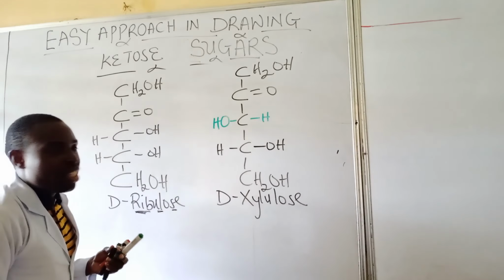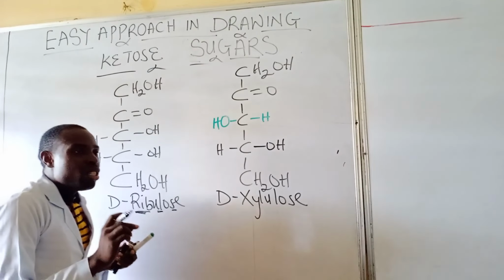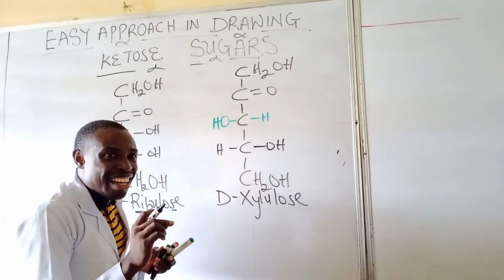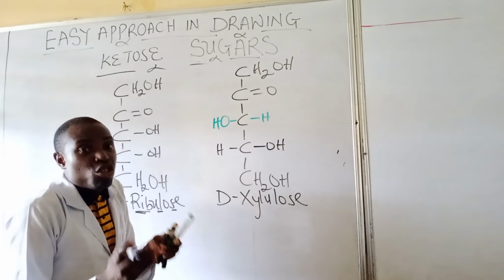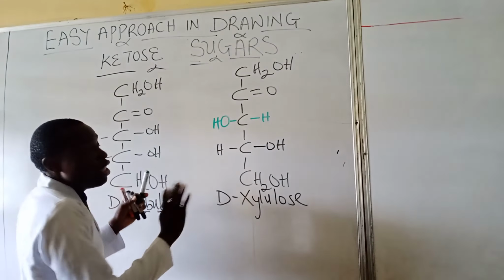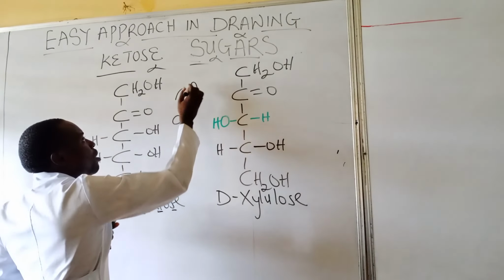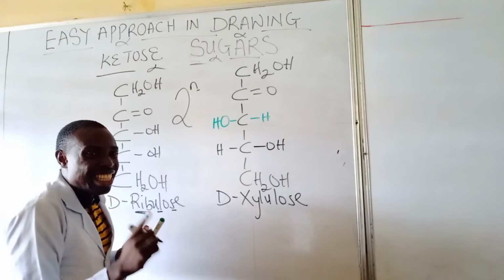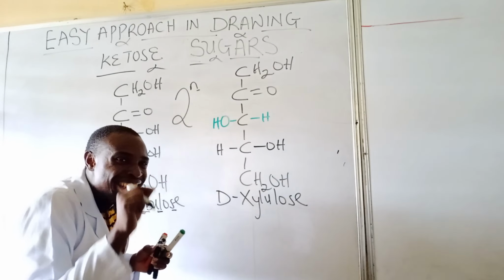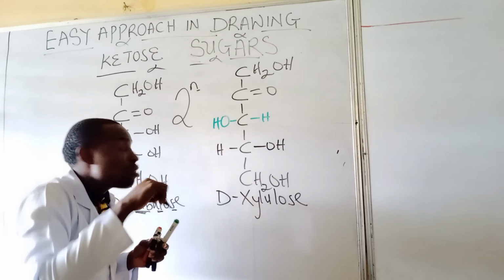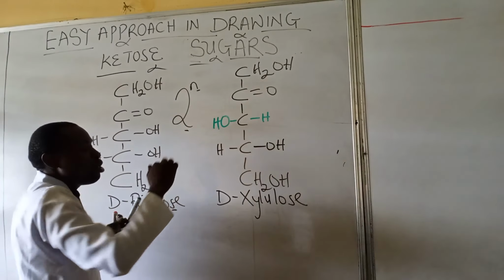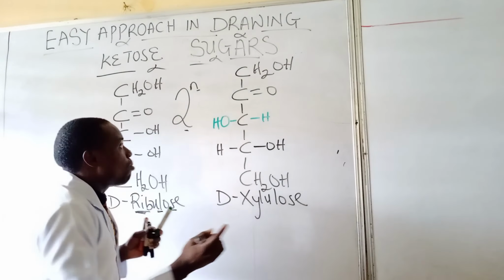Now, before I move ahead, take note that to find the number of stereoisomers that can be formed from any sugar, you use the form 2 raised to the power n, where n denotes the number of chiral centers or stereocenters, while 2 to the n gives the number of stereoisomers.